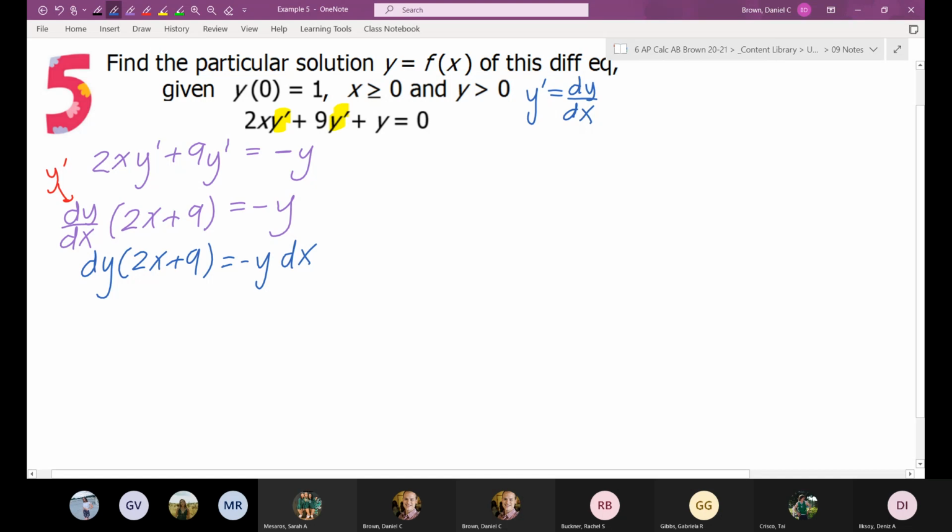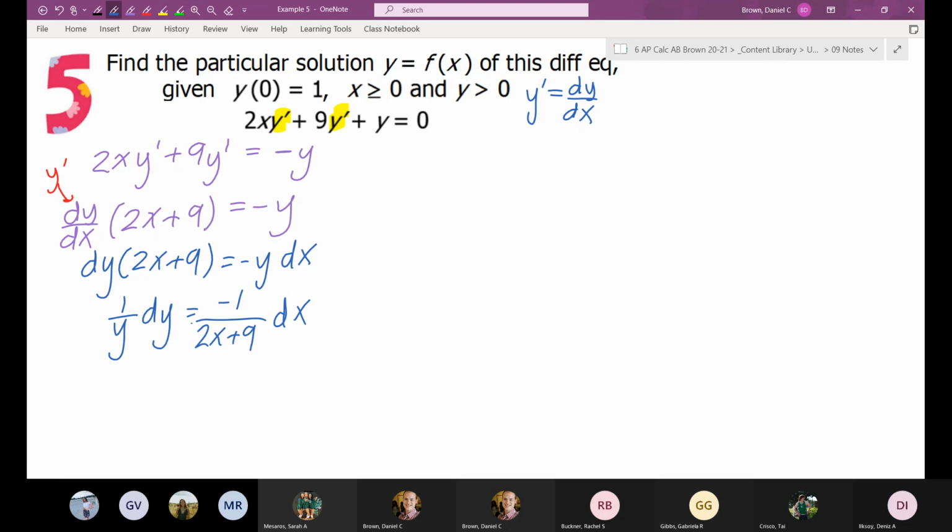And then you basically need to divide both sides by the y, and then divide both sides by the 2x plus 9. So we'll have 1 over y dy is equal to negative 1 over 2x plus 9 dx. So I divided by y, divided by the 2x plus 9.